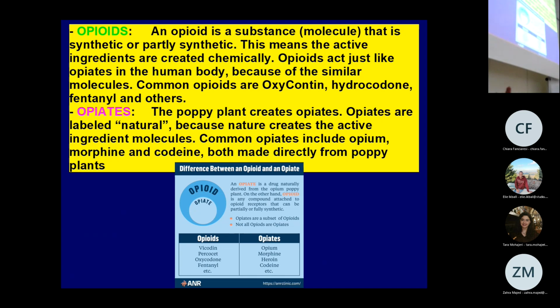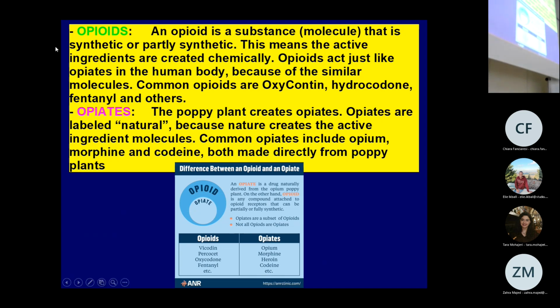So we can have an opioid, a synthetic compound able to interact with opioid receptors to act as a painkiller, and then we can have opiates, which are natural compounds derived from opium, from the liquid of Papaver somniferum.